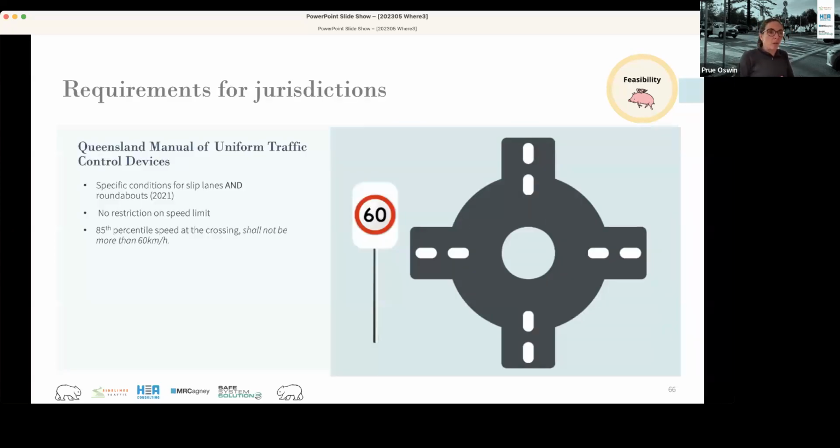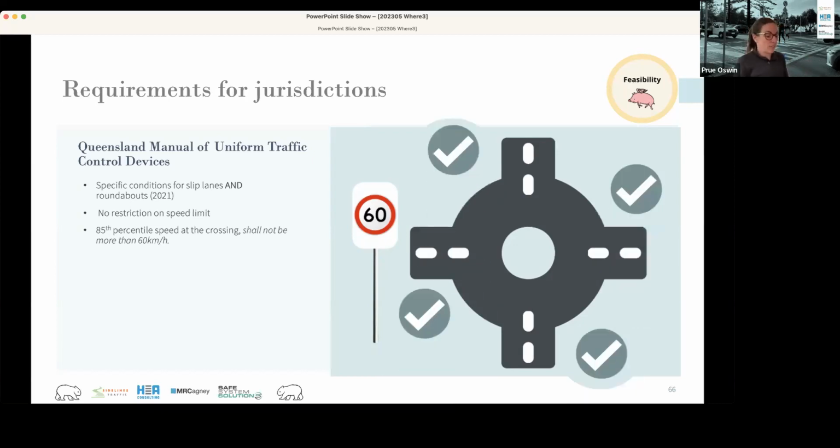So Queensland has developed supplementary guidance to the Australian standard to say that we can also install them on roundabouts, even where the speed is 60 kilometres an hour and over. So in Queensland, we can install raised crossings here, even up to 70 kilometres an hour.